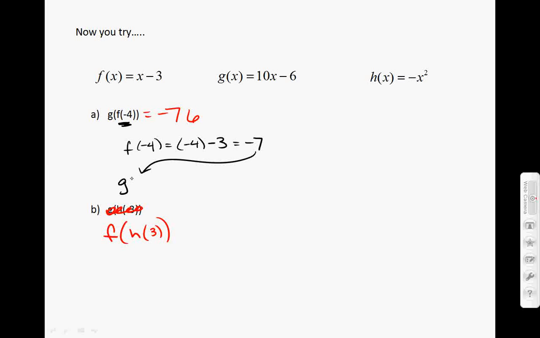So this is going to be g of negative 7. So we'll do 10 times negative 7 minus 6. Well, 10 times negative 7 is negative 70. Negative 70 minus 6 is negative 76.